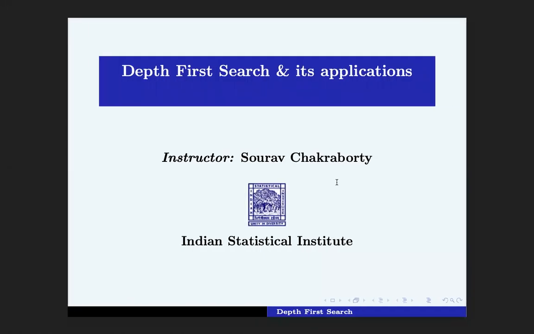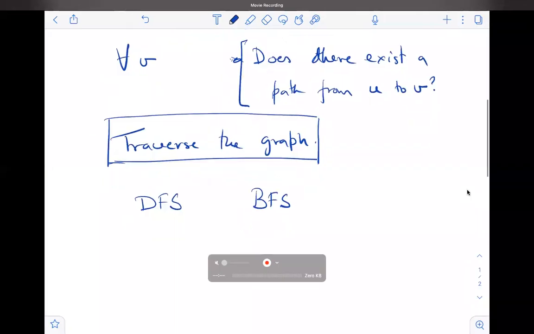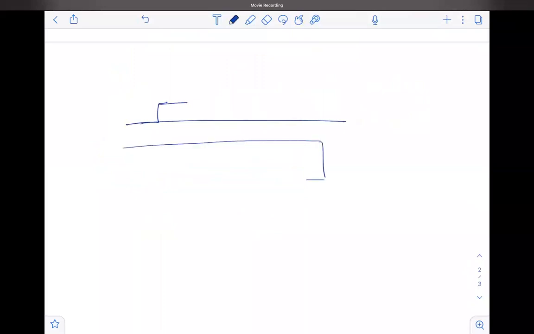Okay, so let me do it. If we start with the depth first algorithm, what's the depth first algorithm? Maybe I can give some ideas here. Put yourself in a big classroom. I can draw a classroom. Here is a big room like this.